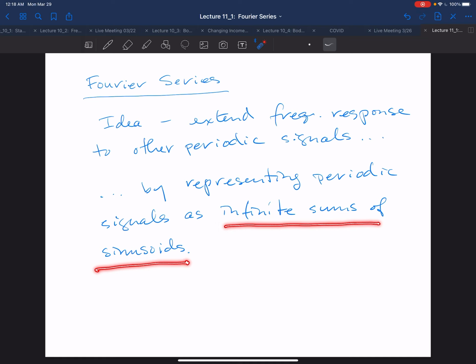So it's easy to find the response of an LTI system to a sinusoid. So if we can represent a periodic signal as an infinite sum of such sinusoids, we simply find the responses to each of those sinusoids, and we add them up by linearity to find the response of the system to our periodic signal.